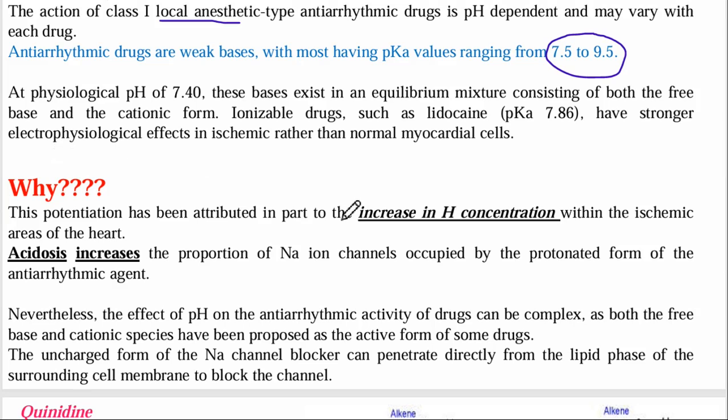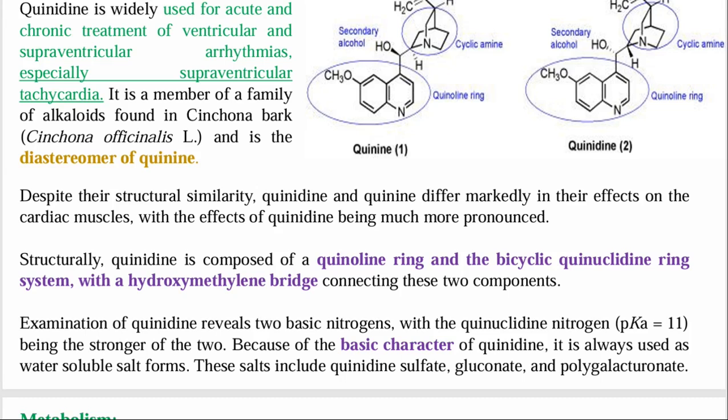Okay, and obviously, when there is an increase in acidity, the effect of pH will be slightly changed, and the drugs can become more complex. So both cationic species have been proposed as the active form of some drugs. The uncharged form of the sodium channel blocker can penetrate directly from the lipid phase of the surrounding cell membrane to block the channel. Now we have the first drug, quinidine.